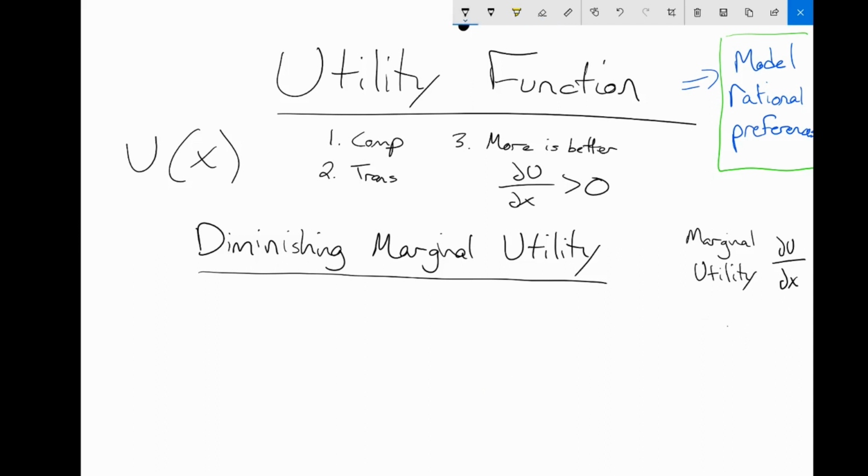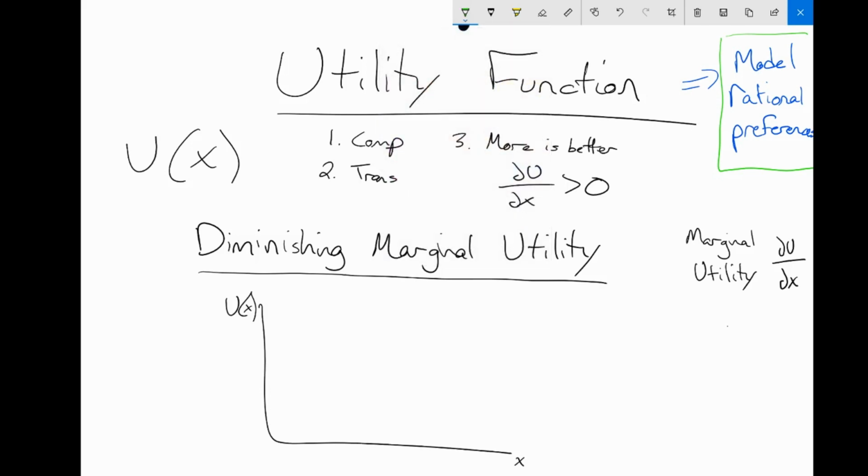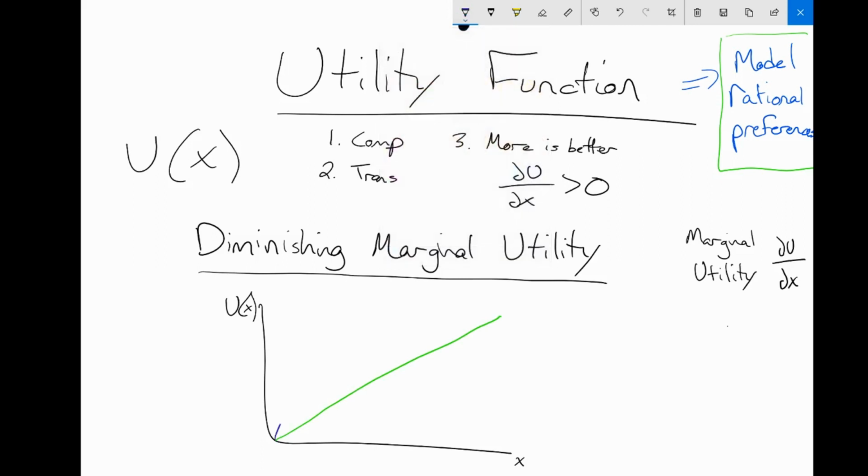Diminishing marginal utility. So first, let's just draw a graph. I'm going to put 2 utility functions on this graph, and then we'll talk about which one exemplifies a utility function that has diminishing marginal utility. Don't worry about them overlapping. I'm just putting 2 on the same graph, but they're not related to each other.